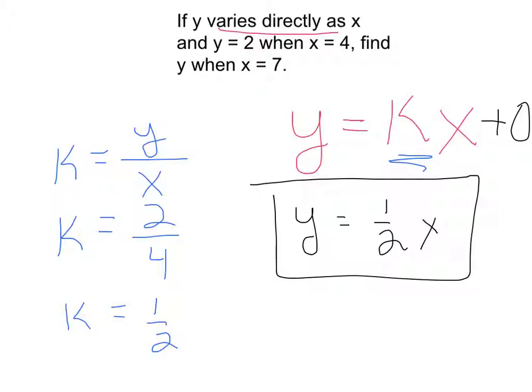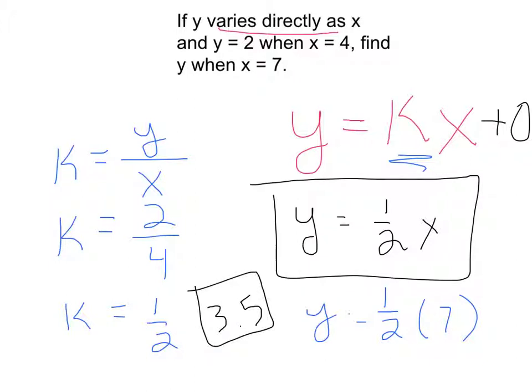Now, if I want to find y when x is 7, I can just plug in 7 for x and solve for y. 1/2 of 7 is 3.5. So the answer to that second question is just y equals 3.5.